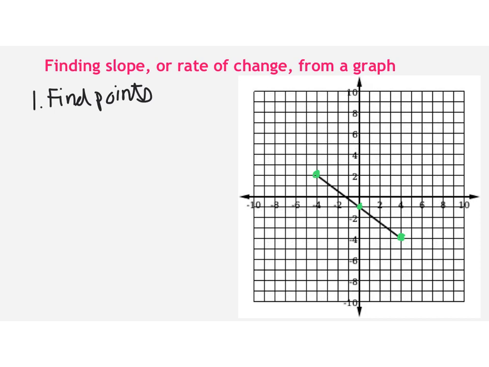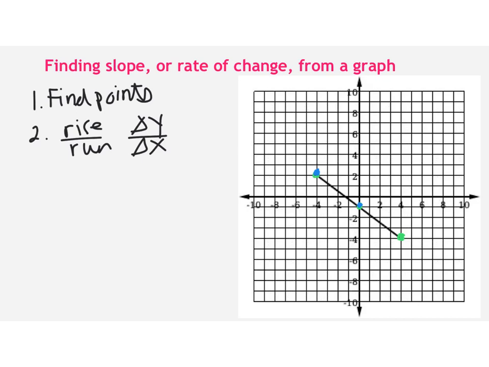So now remember, my next step is that I'm going to find the rise divided by the run. Another way you might see this is the change in y divided by the change in x. Okay, so let's look at it in terms of change in y over change in x. So if I'm going to use these points this time, let me go ahead and label those points as well.